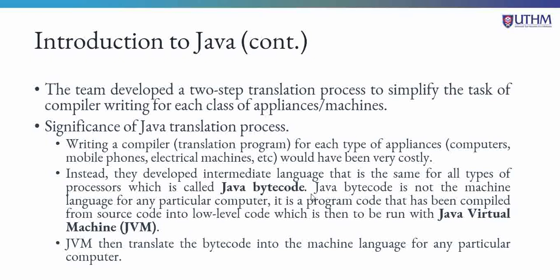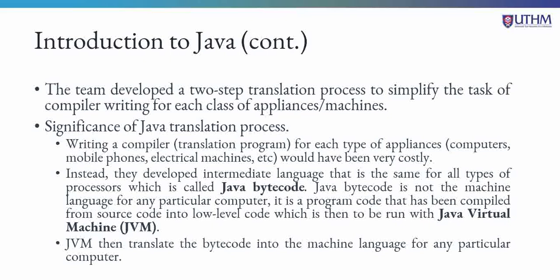So hello app.class, this is Java bytecode. Java bytecode is not the machine language for any particular computer. It is a program code that has been compiled from source code. Hello app.java is a source code. Then after you compile it, it will create the Java bytecode file with the extension .class.